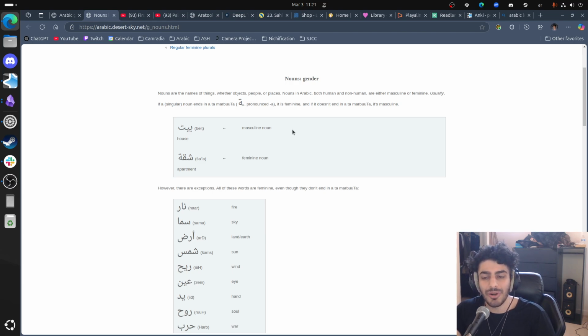Meaning there is no way to pluralize a noun across the board. For example, in English we have the S. Like dogs, maybe you change how you pronounce that ending, but really if you want to pluralize something, you put an S at the end. Like dogs, cats, phones, houses.